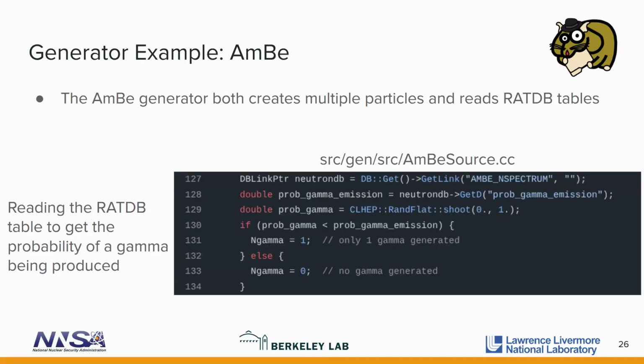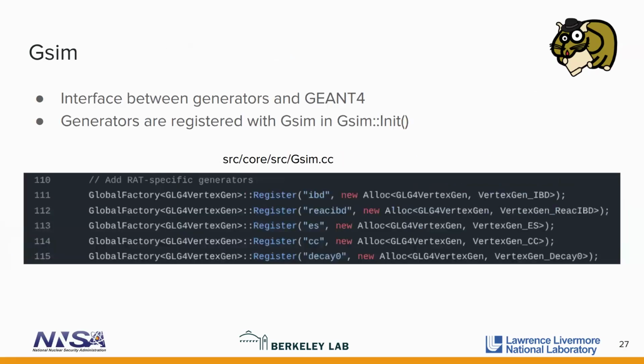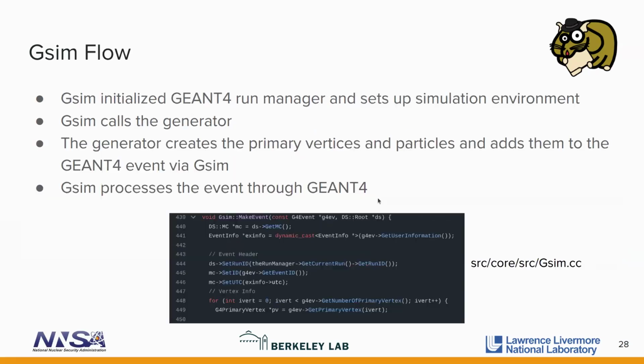So I think that's all I have for these examples of how the generators themselves work. And last is just a little bit of information on gsim, which is sort of the interface between the generators and Geant4. They get registered with gsim in this gsim's init function. So if you want to create a new generator, you'll have to add it in here, in the gsim code.